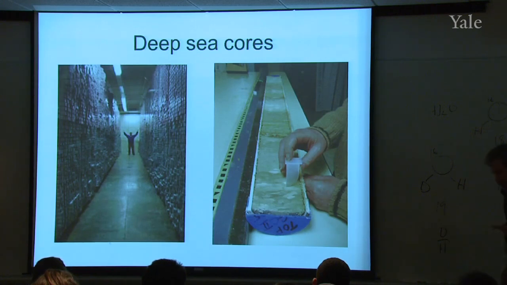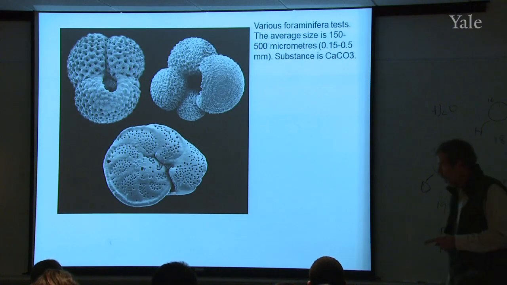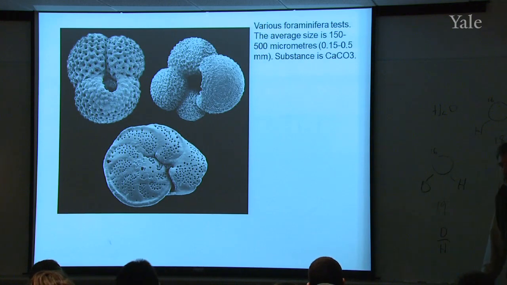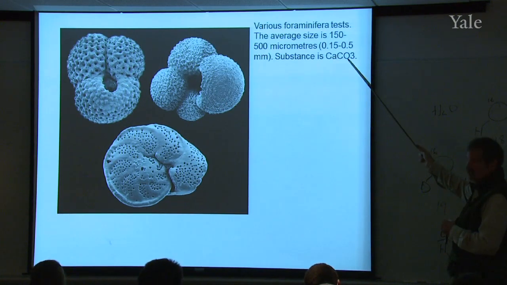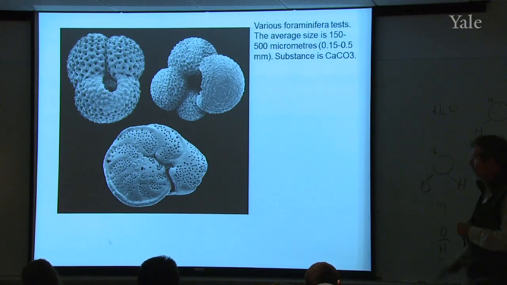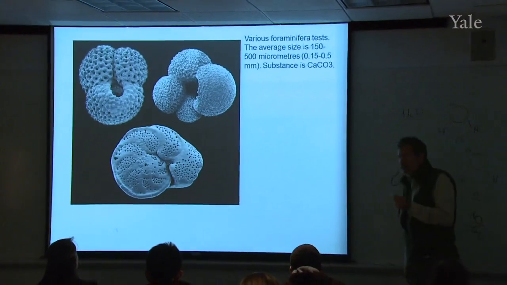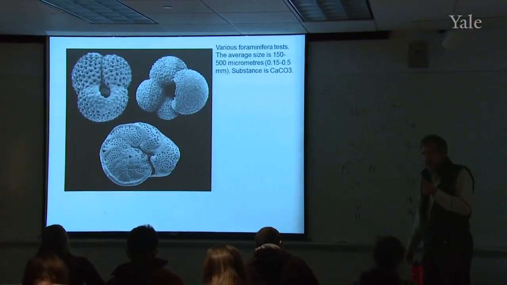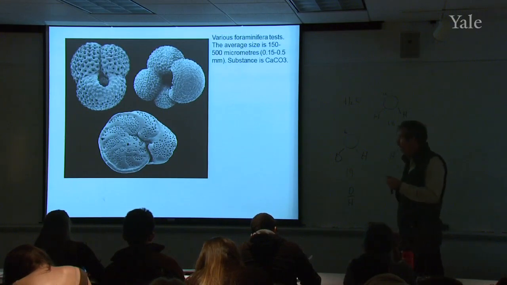And primarily, these deep sea sediments are comprised of calcium carbonate. They've got other things in them, but calcium carbonate, CaCO3. Besides calcium and carbon, it has oxygen in it. And they're mostly the remains of shells produced by microorganisms, phytoplankton mostly, in the ocean.